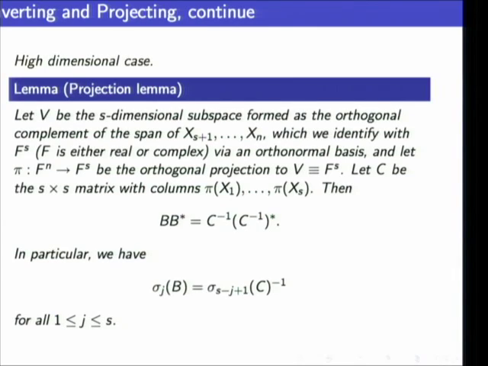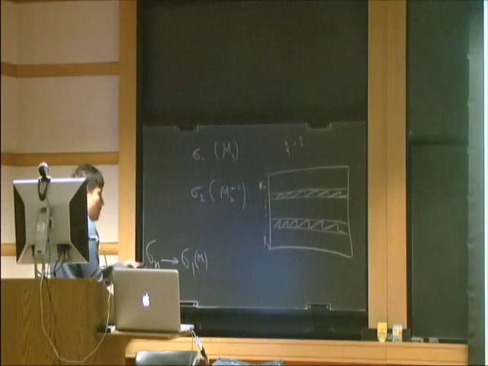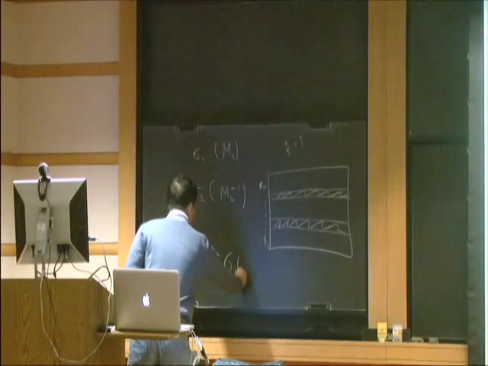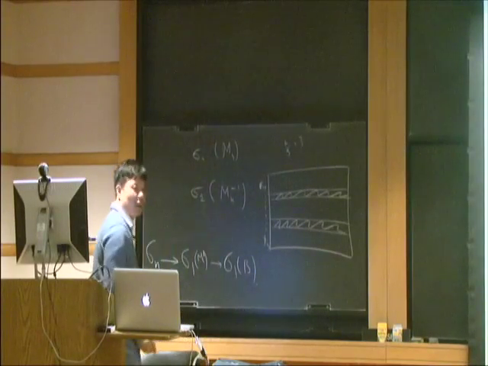The way it goes is, before we go from sigma 1 and sigma n to sigma 1 of M inverse. And to estimate sigma 1 of M inverse, I go to sigma 1 of B, which is the sample.